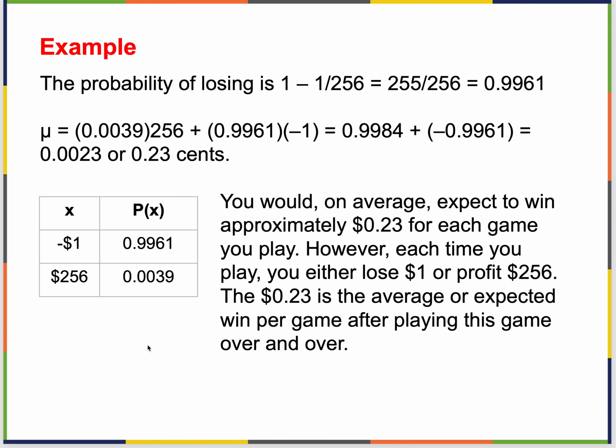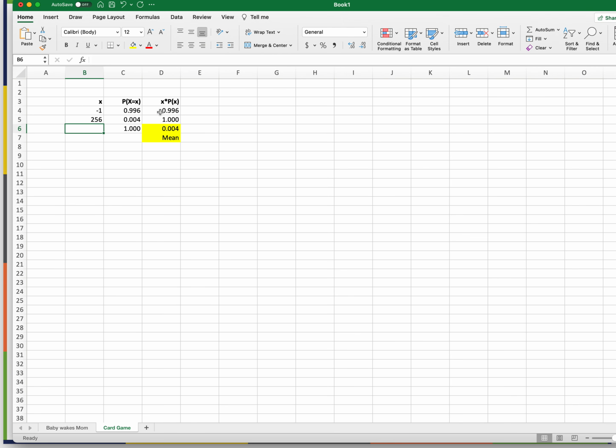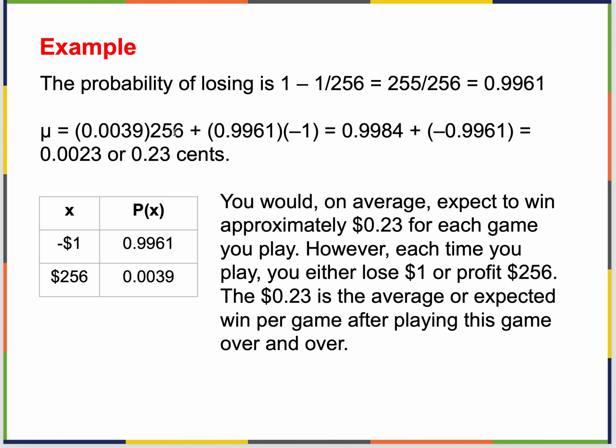And here, they had the same thing. They took it to 4 decimal places. So let's take it to 4 decimal places too. We'll make this 4 decimal places as well. And now you're making 3.9 cents. And what's the average?